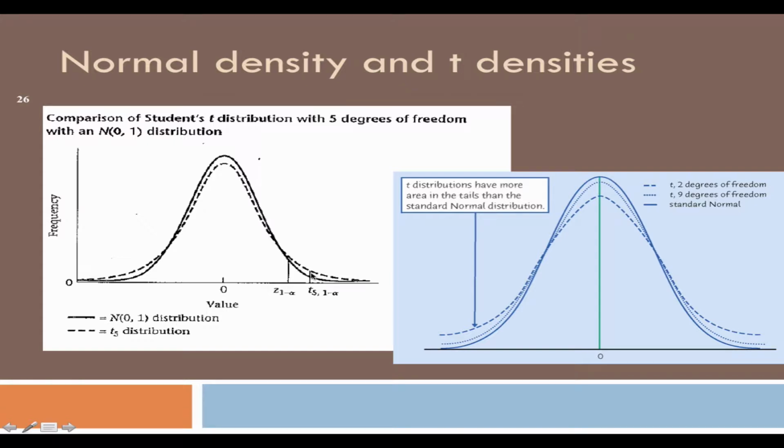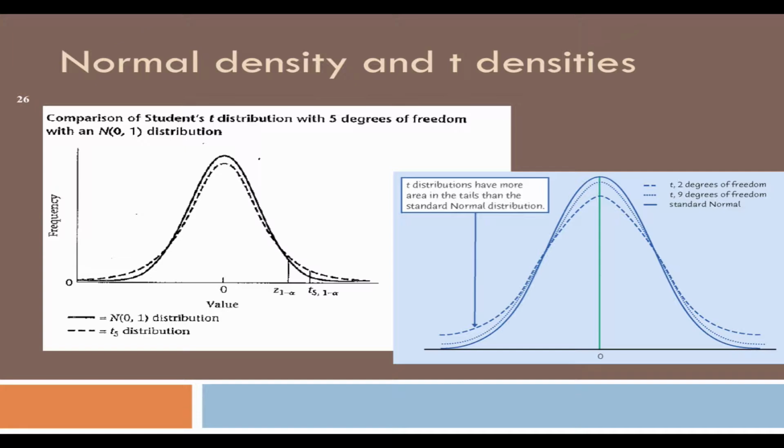That is a t distribution with 5 degrees of freedom. So you can see that t distribution and normal distribution are very similar in terms of their shape. It's also symmetric around 0, also a bell curve. The difference is it has heavier tail.